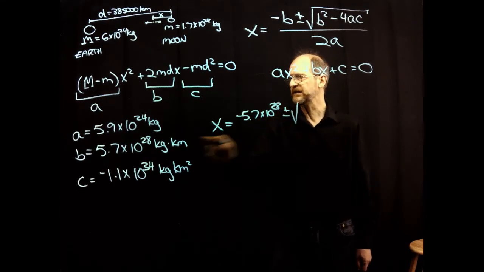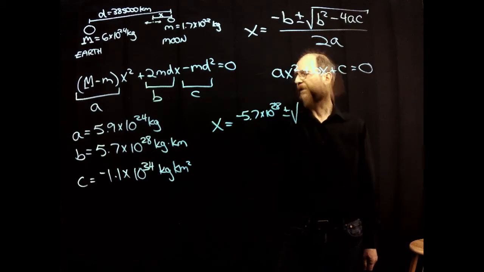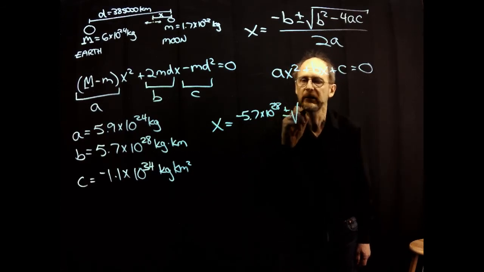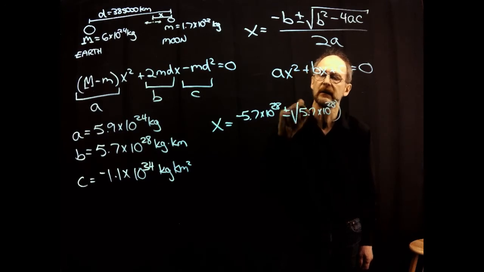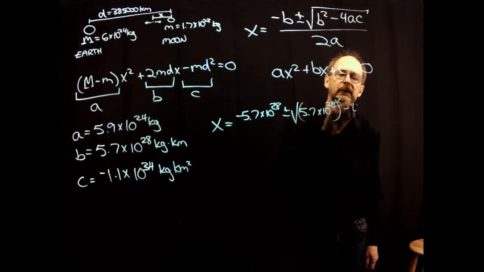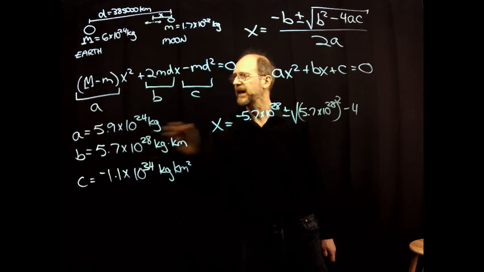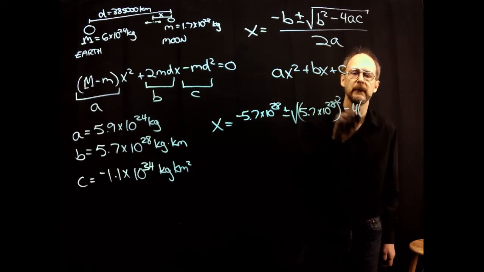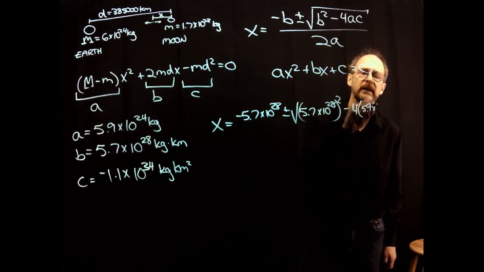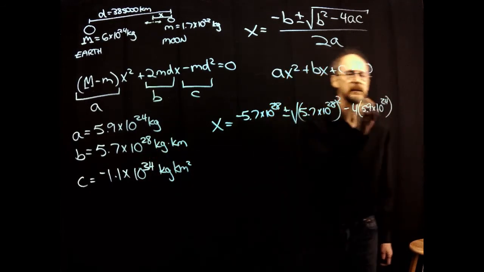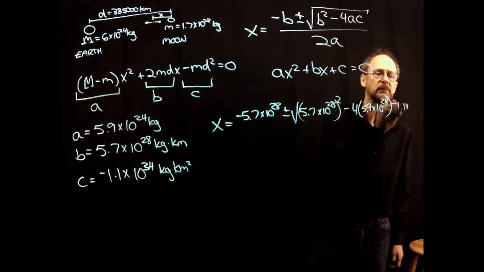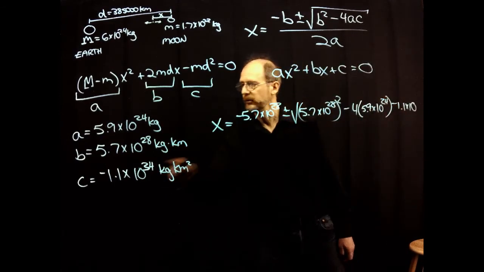I'm saving space here by not writing the units, but the square root of b squared, so 5.7 times 10 to the 28 squared, minus 4 times a, 5.9 times 10 to the 24, and c, negative 1.1 times 10 to the 34.